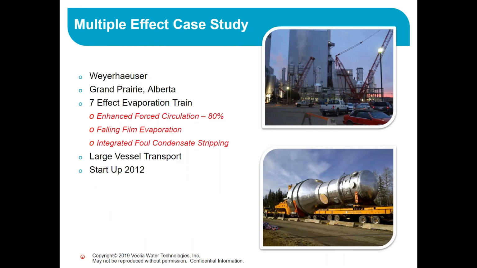And one of the recent North America trains we did was Weyerhaeuser Grand Prairie, where we put in a new 7-effect evaporator to go to 80%, again, to replace some old LTVs, so much better steam usage and higher concentration, and that started up some years ago. Those were also large vessels that we built up and transported to the site in one piece.